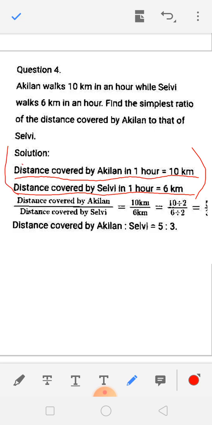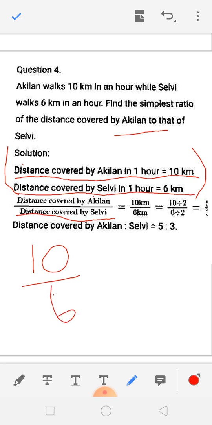So if you want to find the ratio, you must divide. Distance covered by Agilan divided by distance covered by Selvi. That is a ratio. So 10 kilometer divided by 6 kilometer.